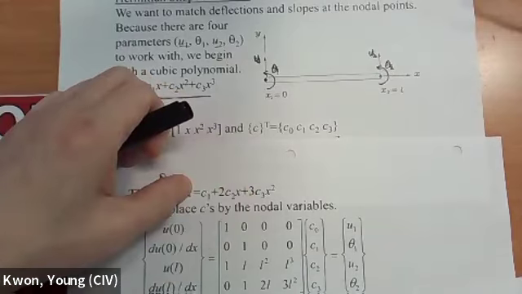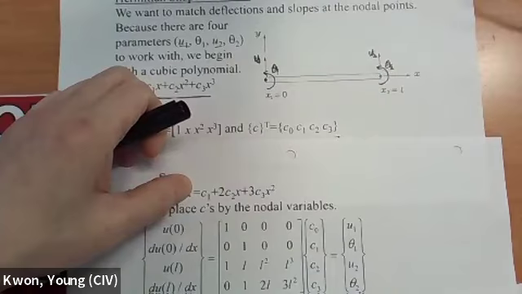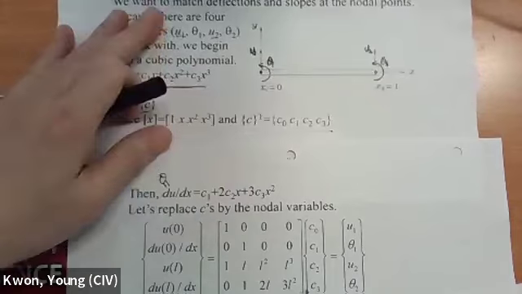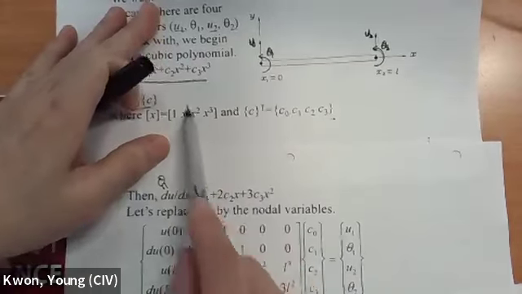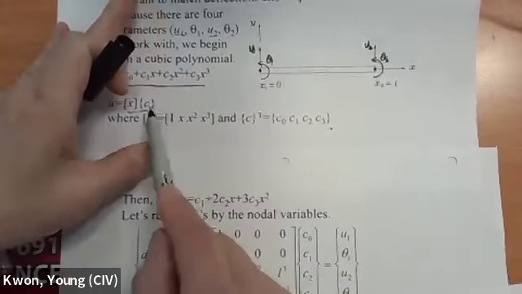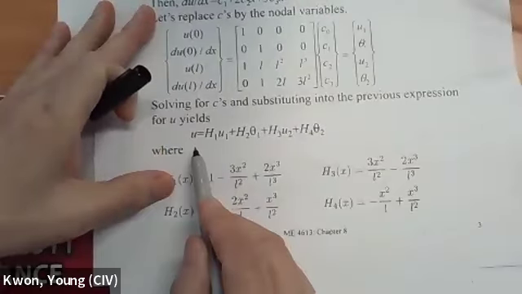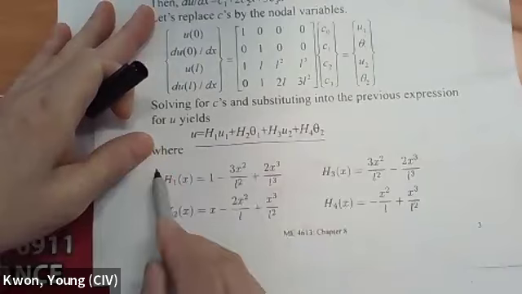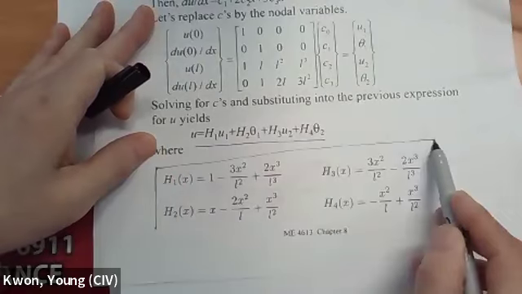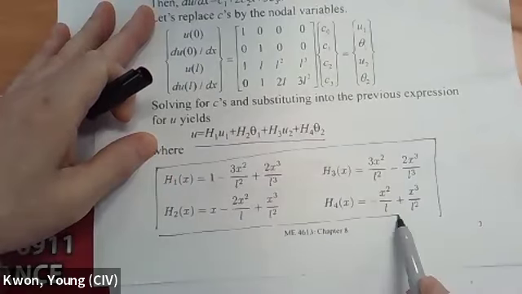That's going to be theta 2. Again, solving for U1, theta 1, U2, theta 2 by inverting this, and then substituting back for c1, c2, c3, you get the shape function, which looks like this.